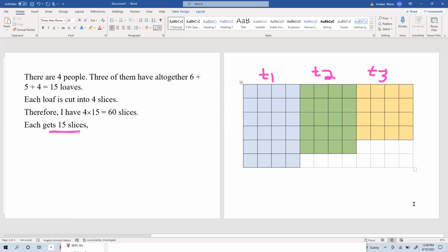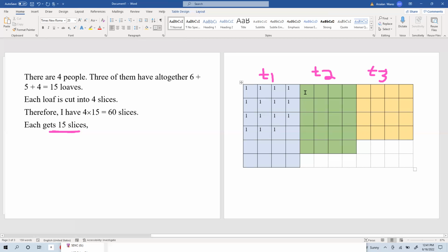She gets 15 slices from her share. She has more than 15 slices. I'm going to make sure I counted 15. All the ones in blue are the 15 slices that traveler 1 gets to keep.